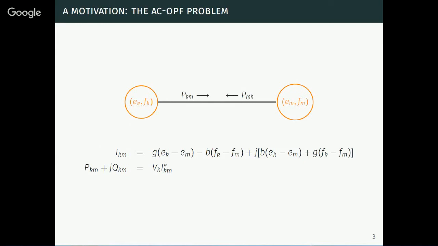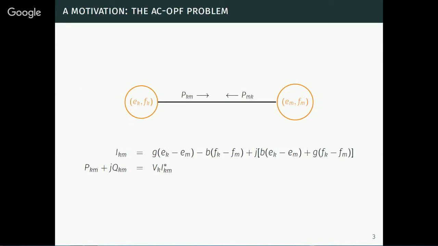The equation for the current is a simple thing. It's actually a linear equation. All these G and B are just constants, and these are the differences of the voltages. So this part is fine. Oh, this J, by the way, is the complex number, the square root of -1.